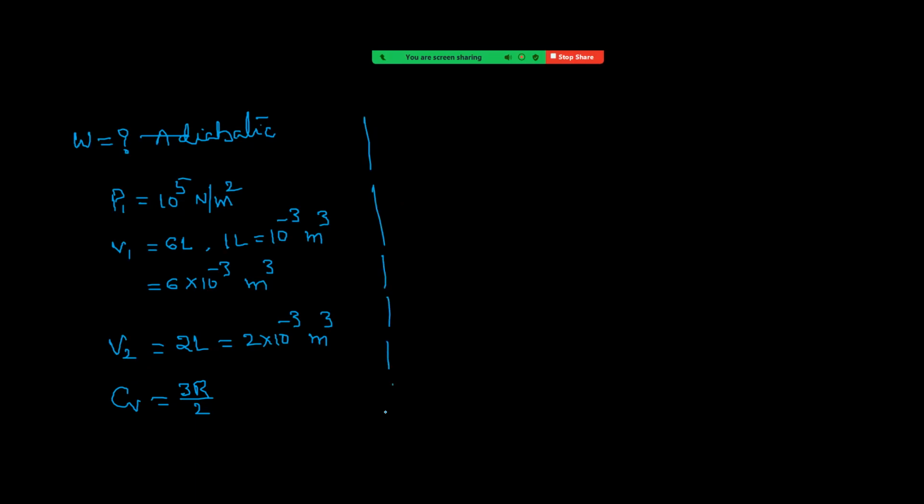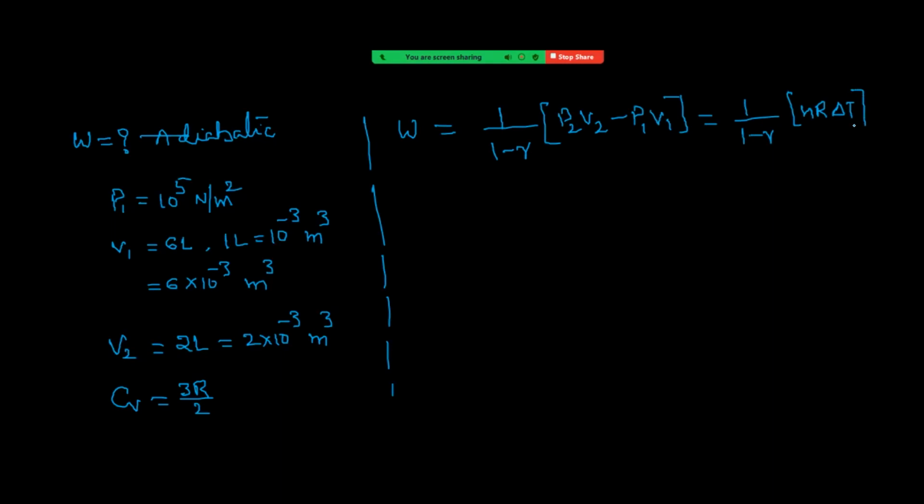From this we have to calculate work done. In an adiabatic process, work done is given by 1 upon 1 minus gamma times P2 V2 minus P1 V1. We can write the same thing as 1 upon 1 minus gamma times nR delta T, meaning T2 minus T1.